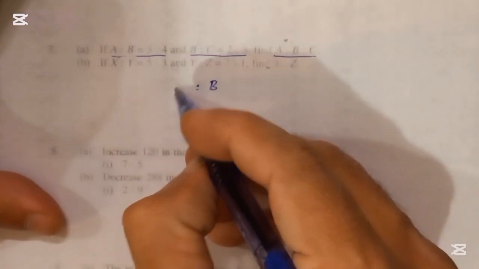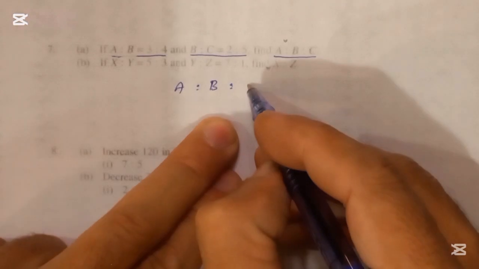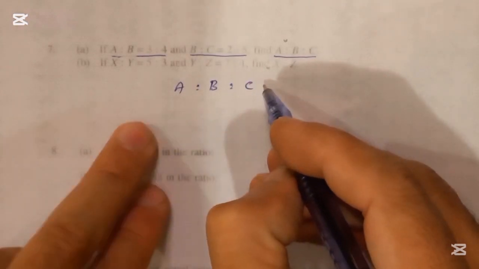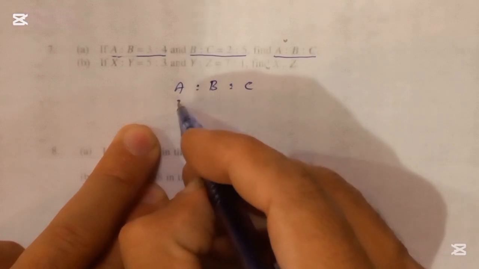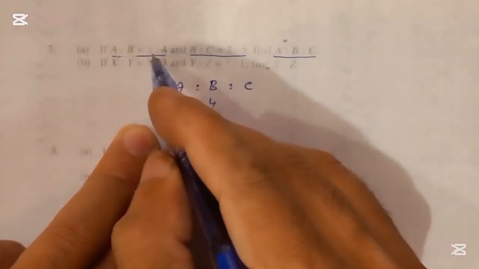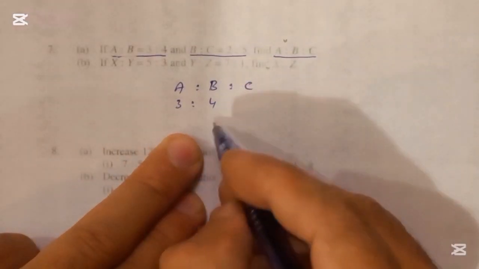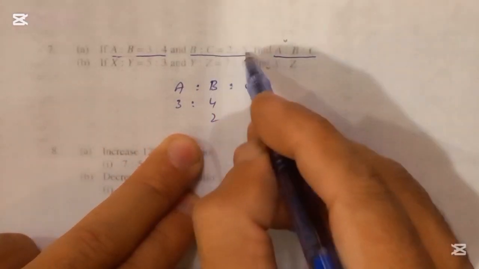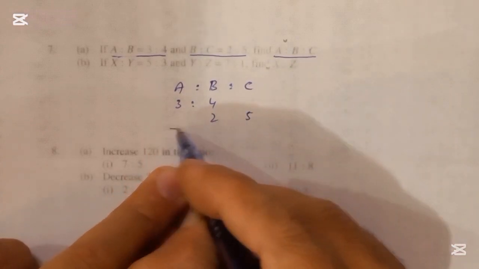On the left side will be A. Any one value will be placed on the left side, and the second value will be put on the right side. Now A ratio B is given, that is 3:4, so we will put 3:4. A's ratio is 3, B's ratio is 4, and from here B's ratio is 2 and C's ratio is 5, so we will put 5 like this.